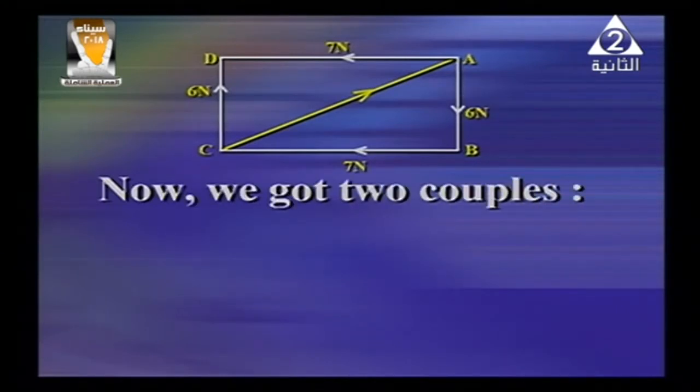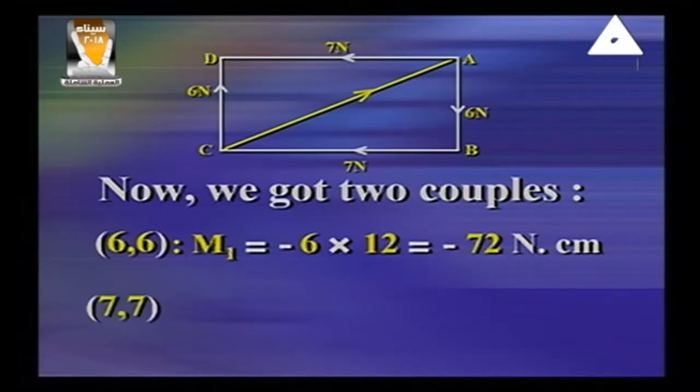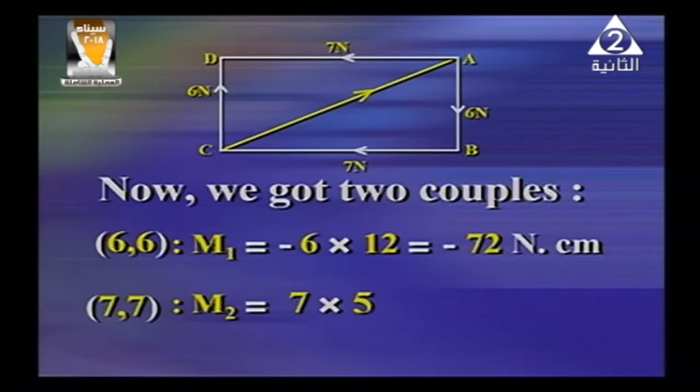Now we got two couples, 6 and 6, then M1, the moment of the couple, equals -6 times 12 equals -72 Newton. The second, 7: these are two forces 7 acting on CB and AD representing a couple, its moment 7 times 5.